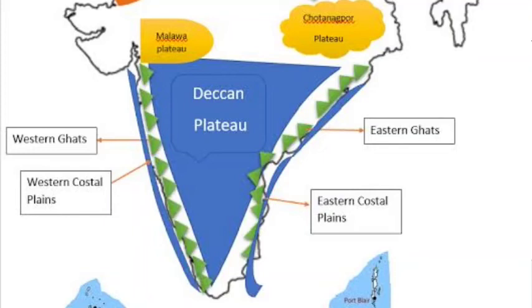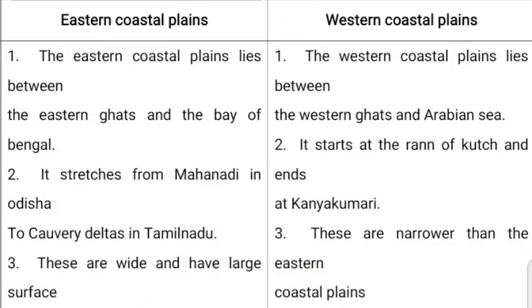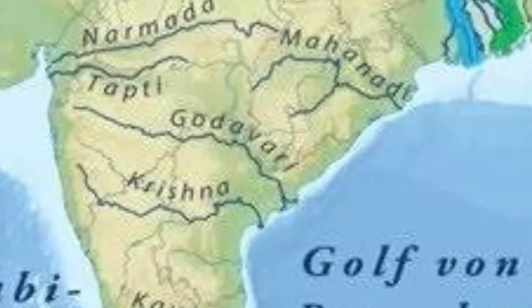Okay. The next one, east coastal plains. These are wide and have a large surface structure. Similarly, the west coastal plains are narrower than the east coastal plains. The east coastal plains are formed by the rivers Mahanadi, Godavari, Krishna and Kaveri.